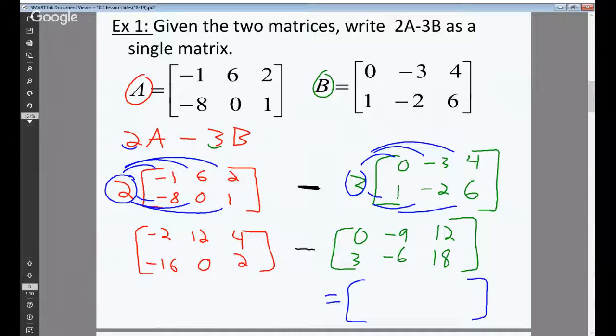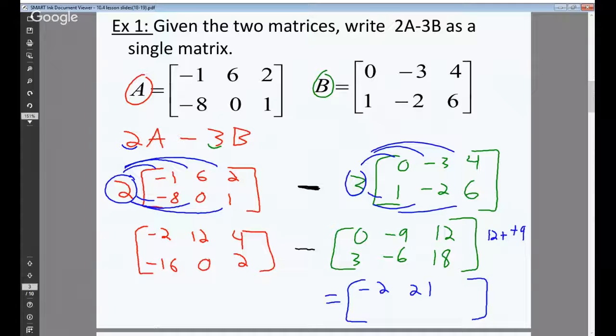And lucky for us, they both have 2 rows and 3 columns, so we can subtract them. So -2 minus 0 will give you -2, and then 12 minus a -9, which if you think about it becomes plus 9, will become 21.